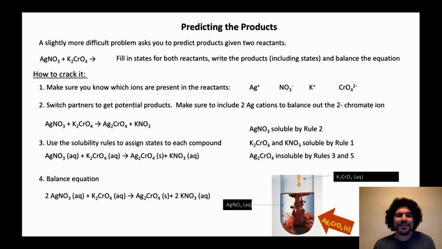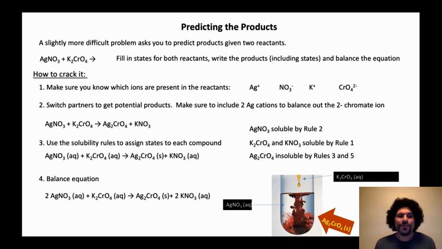Then nitrogen is going to appear once on each side. It's actually fine because we've made 2 nitrates on the left, 2 nitrates on the right. And we can keep all of our polyatomics together when we're balancing. We don't technically have to consider everything atom by atom because all of the nitrogen is in the nitrates and the oxygen is in either the nitrates or the chromates, and those are staying intact.